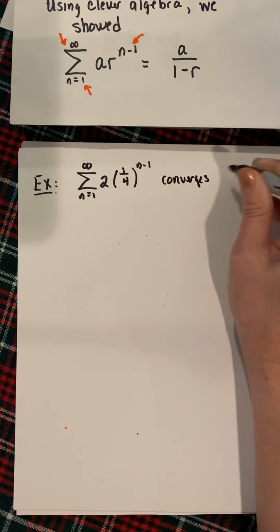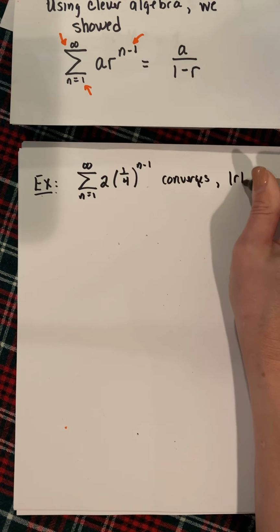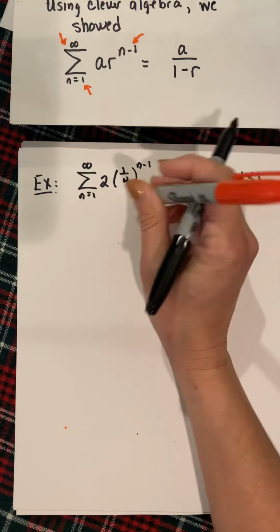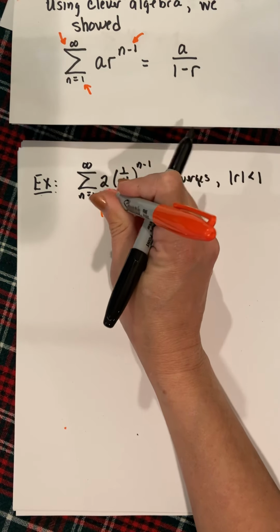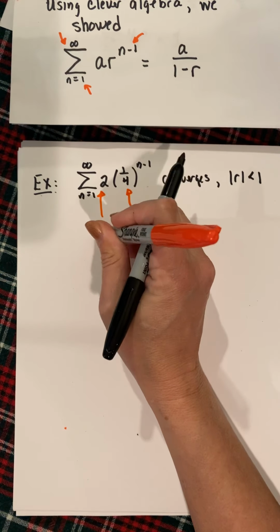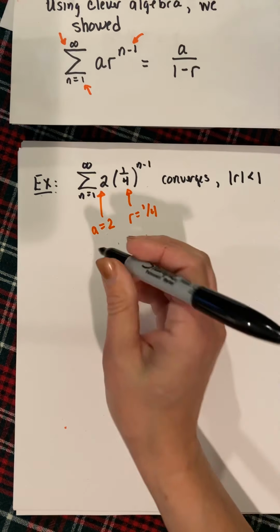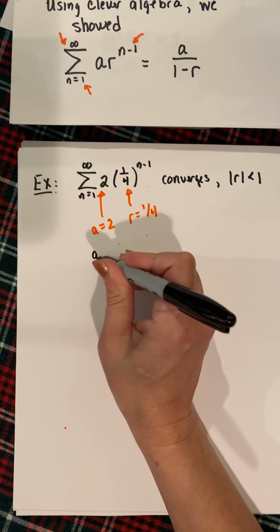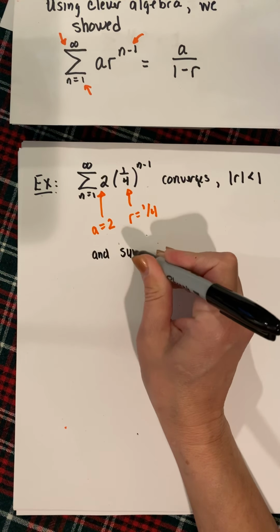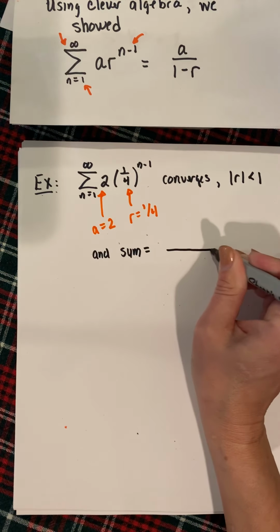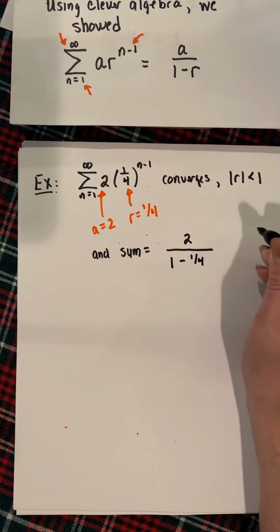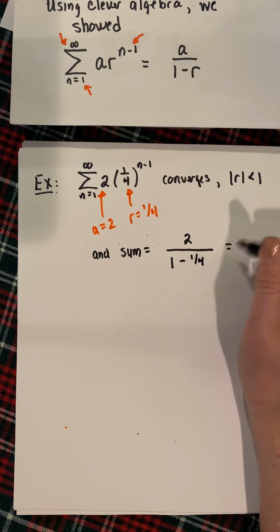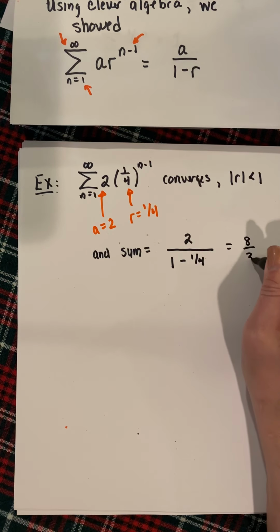It's a geometric series, right? Because the common ratio r is 1/4. This power is not being applied to the 2. That's the coefficient out front. And the sum is a over 1 minus r, which is 2 over 3/4, which is 8/3.